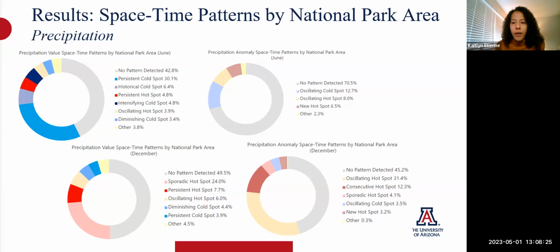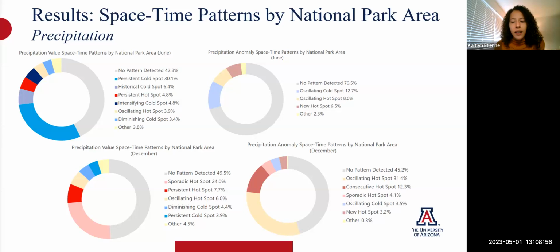And then in the bottom right for December precipitation anomalies, I also saw consecutive hotspots for 12.3% of national park area and new hotspots for 3.2% of national park area. And the reason I was interested in these changes is because all of these patterns, new hotspots, consecutive hotspots, and historical cold spots, are indicating changes that happen in the last 1 or 2 time steps of the data set.